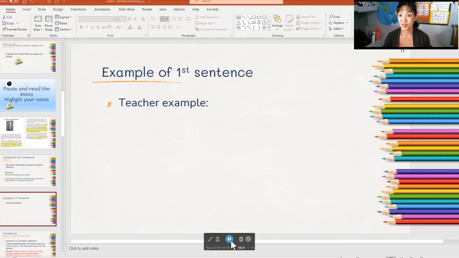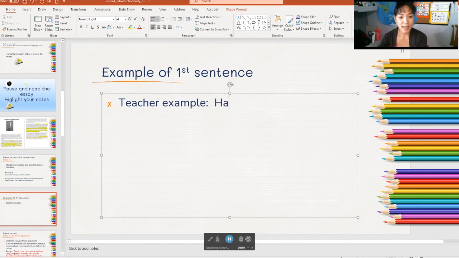All right, so let's do a first sentence for our introduction, and it will be focused on our topic, which is about protecting penguin babies. And I think I will use a question. It'll be an interesting question that the reader can say, I want to know the answer to that question, or I think it's a very interesting fact. So here I go.